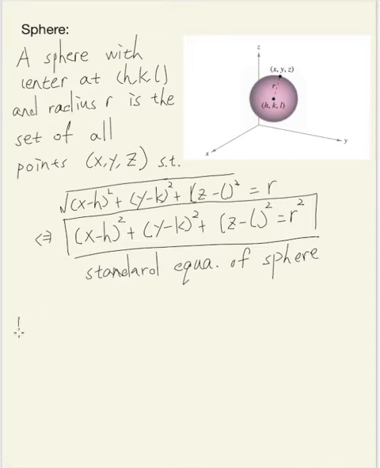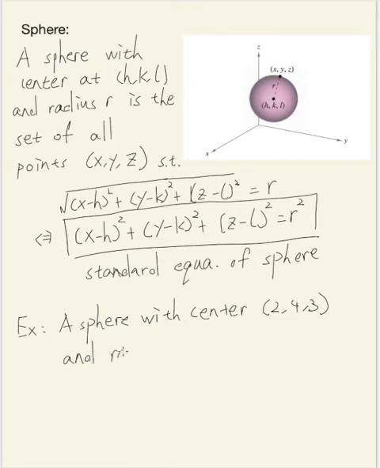Okay. For example, what is the equation of a sphere with center 2, 4, 3, and radius r equals 3. Okay.